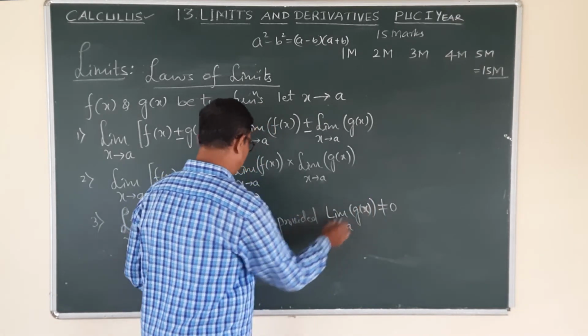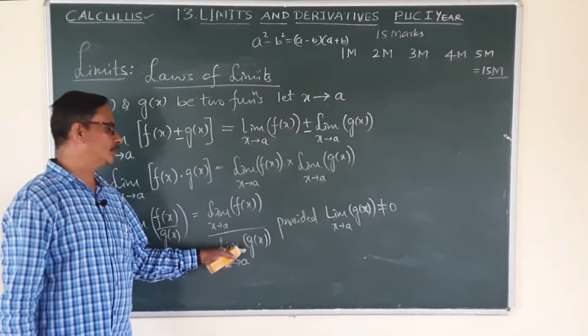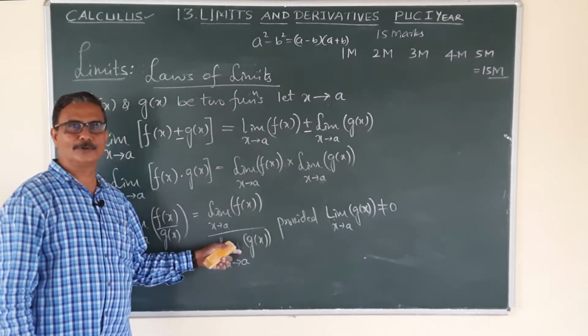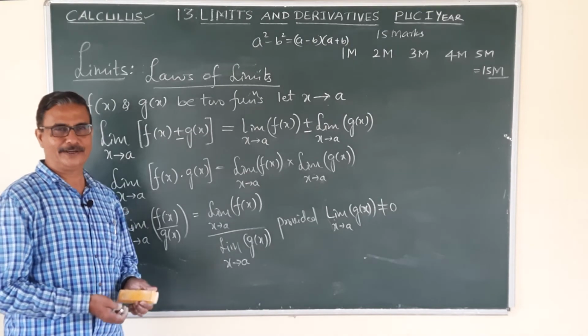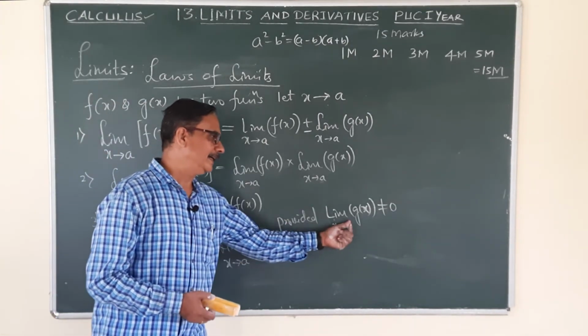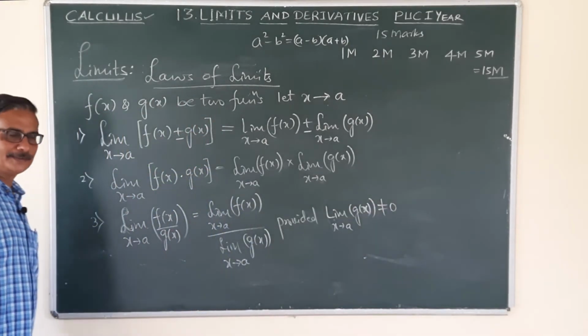It should not be 0. Suppose it was 0, then any number upon 0 is infinite, not defined. So the condition is that the denominator is not equal to 0.